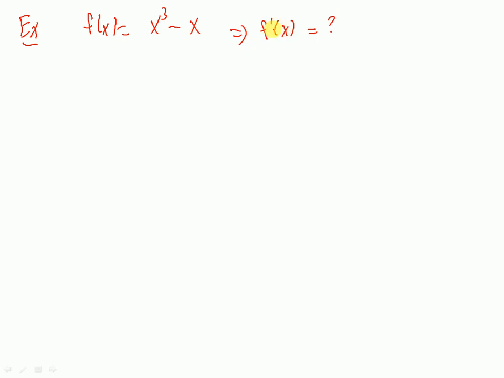How do I find it? Remember, from previous slides, we know that f prime of x is the limit as h approaches 0 of f of x plus h minus f of x over h. That's easy. We have the formula, so we just have to plug in everything.